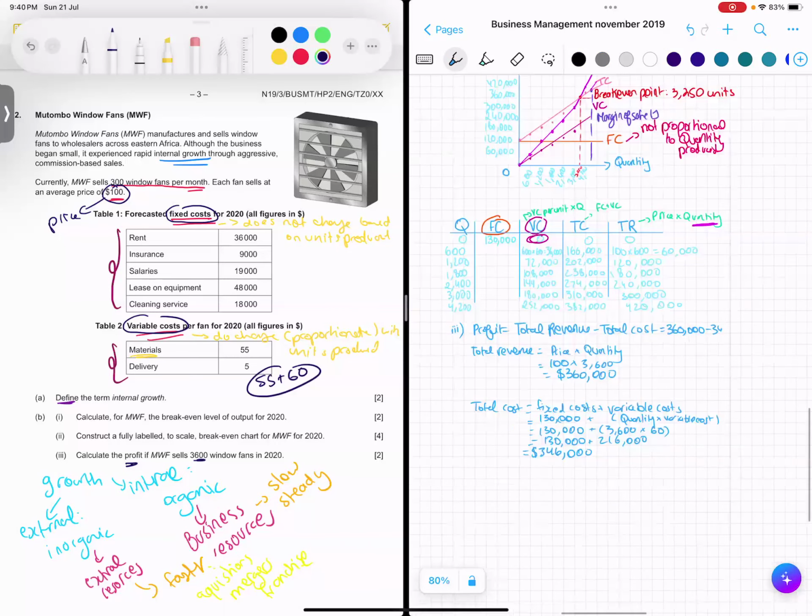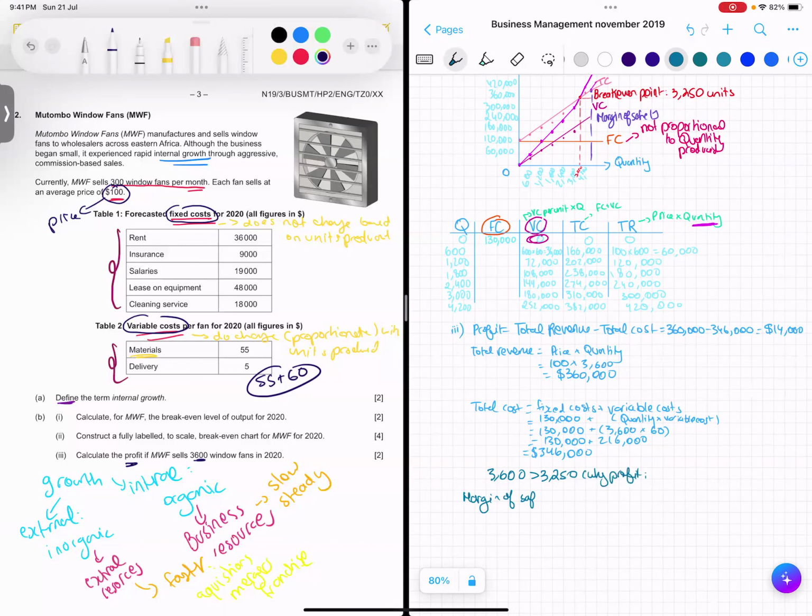This is our profit. And guys, keep in mind, going back to the margin of safety, we have that 3,600 is greater than our break-even quantity, which is 3,250. So this is why profit is positive.